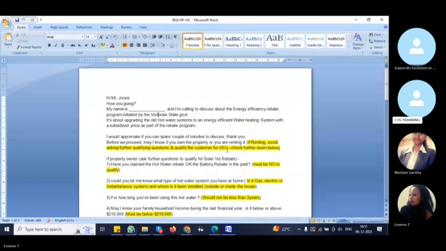We replace old with a new one. That is fine. But you said three types of hot water system, right? Are all three types eligible for the replacement, or do we have any eligibility criteria for that? That is the question. I clearly explained this in the session. If you noted this down, definitely you can answer this question.